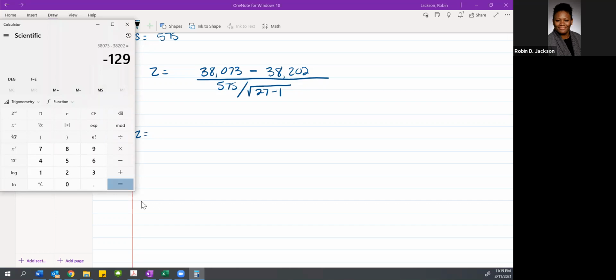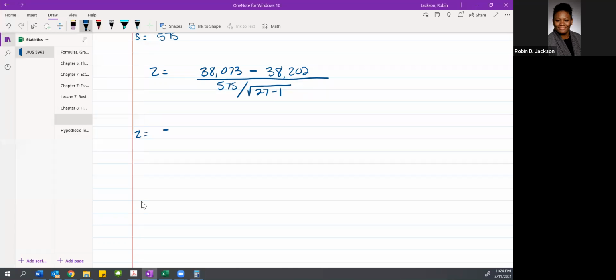That gives us negative 129. Go ahead and write that down. So negative 129 divided by 575, which is divided by the square root of 26. That looks a little funny, so I'm going to write that a little cleaner on the next go round.